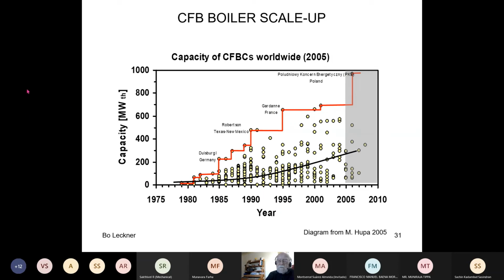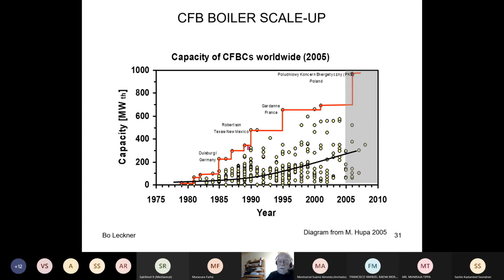Finally, I will say a few words about the boiler scale-up, and this is a historical view. Here the CFB started in 1980, and in the beginning, of course, small equipment, small boilers were manufactured, but gradually the maximum size, at least the red curve here, was increased.